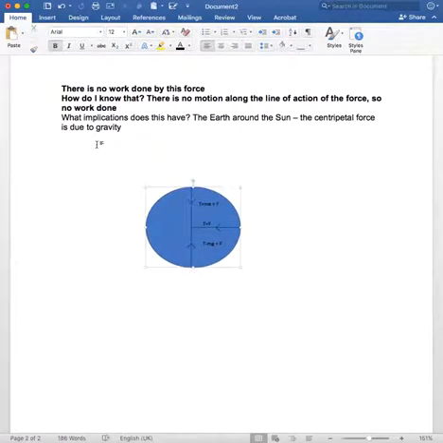So here we have a stone being spun in a vertical circle.